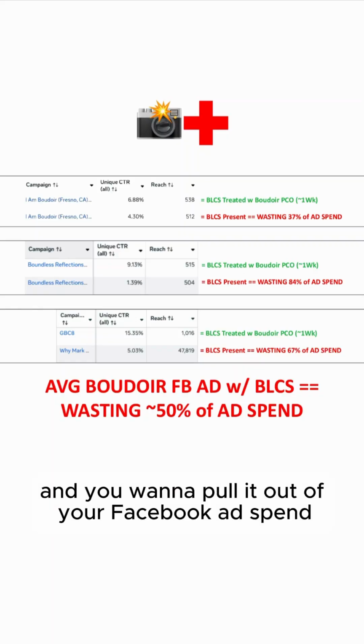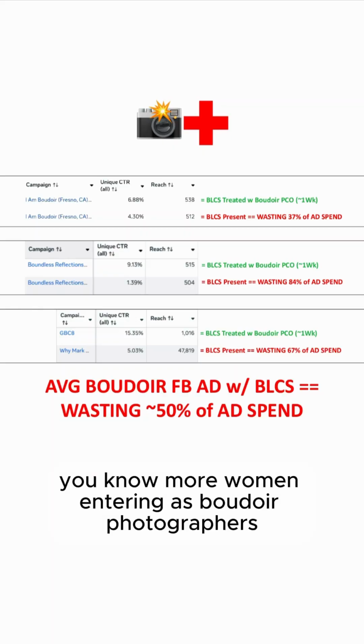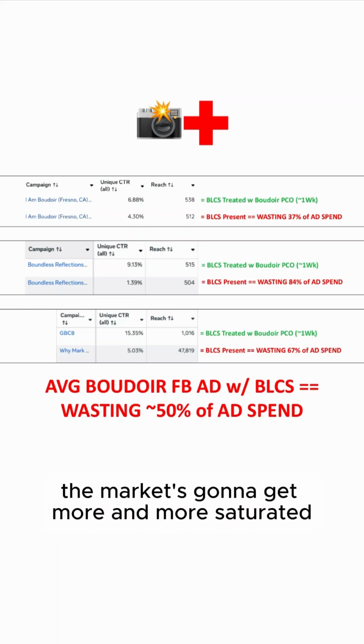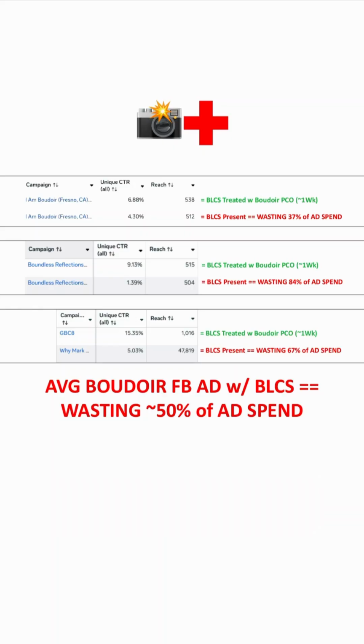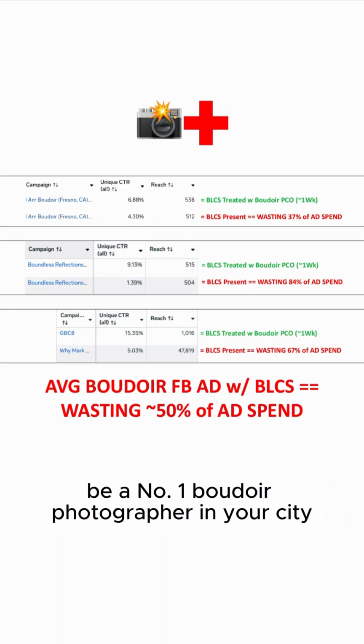And you want to pull it out of your Facebook ad spend because you've already optimized a bunch of other parts of your business, but you're ready to optimize this because you see more inflation, more women entering as boudoir photographers, setting up their Google business profiles. So the market's going to get more and more saturated, and you want to be on your way to being the number one boudoir photographer in your city.